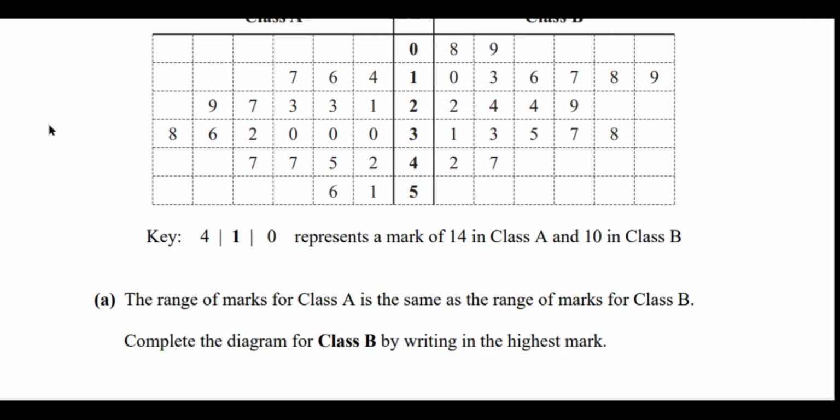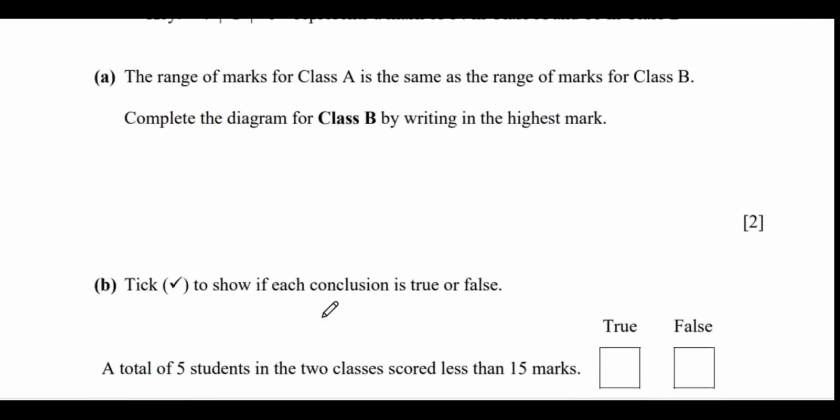The highest in class A is 56, while the lowest is 14. So 56 minus 14 will give you 42.